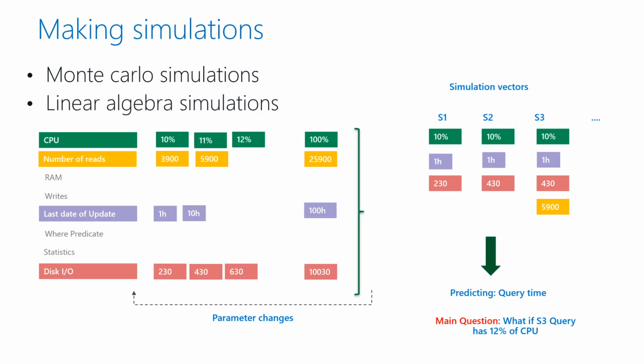Imagine I have a couple of runs and a couple of different statistics, and the machine itself will basically give me the best solution and the best model to predict what will happen if my query uses that many CPU, what will be the time, et cetera.